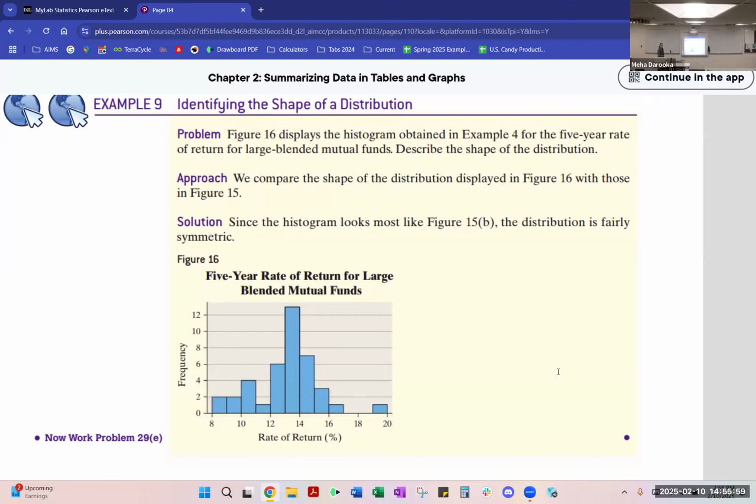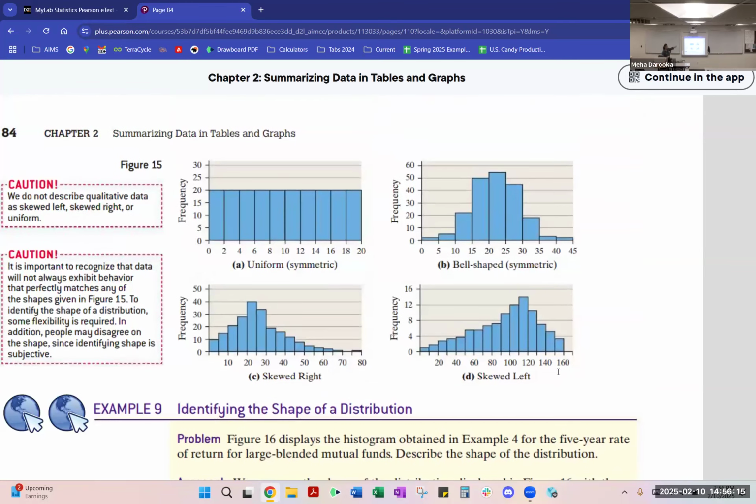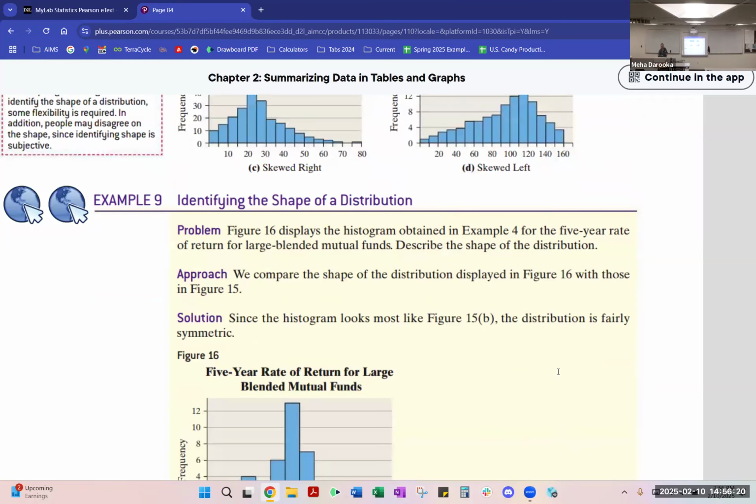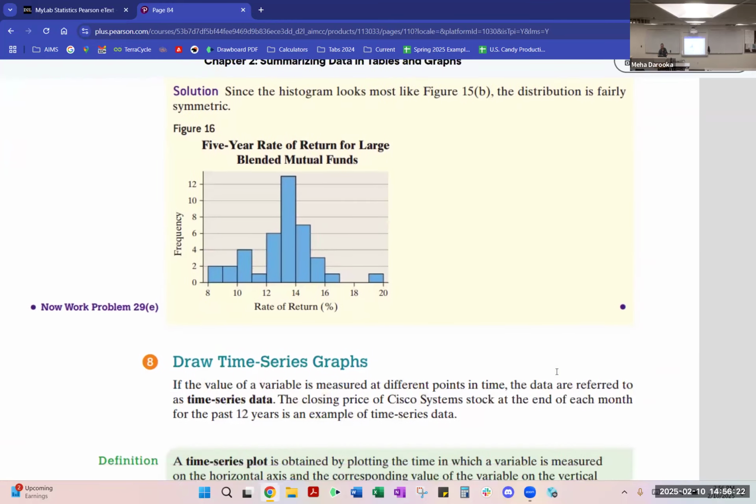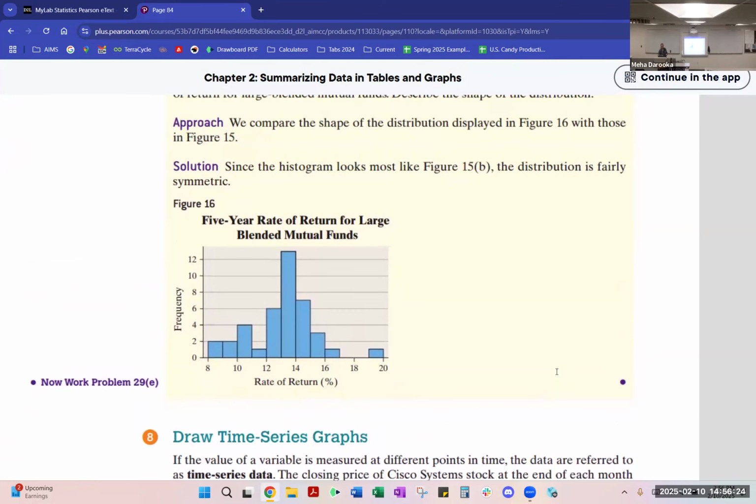Now, obviously we're not seeing a very defined bell shape, right? But you are seeing most of the data is in the center, and then you've kind of got those little tapering tail ends on the side. So we would say it is fairly symmetric. Obviously, it's not going to have the exact shape like graph B over there on the top right corner, but you can still kind of see that same idea here with this one.